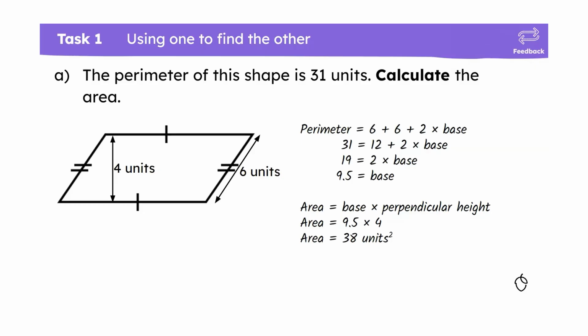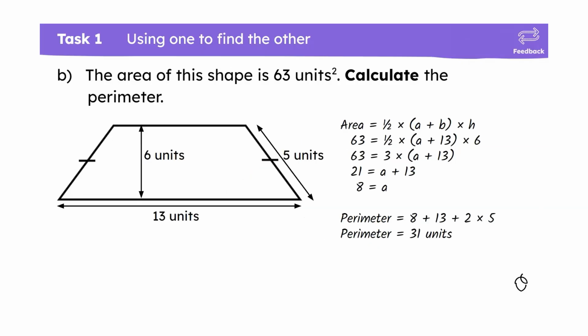The area of a parallelogram is the base multiplied by the perpendicular height, so 9.5 times 4, giving us an area of 38. In B, you were told the area of this shape was 63, and I asked you to calculate the perimeter. Remember, the area of a trapezium is the two parallel sides added together, multiplied by the perpendicular distance between them, and then halved.